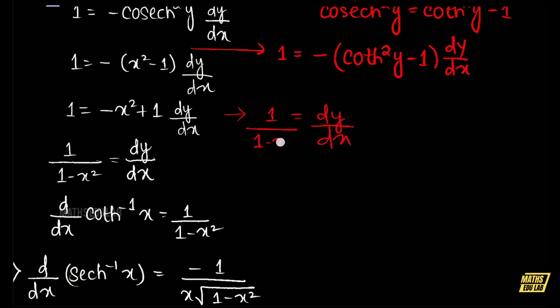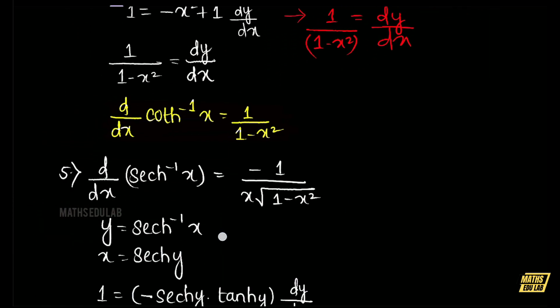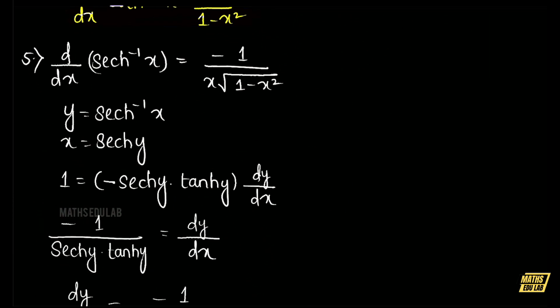So this is the formula of the derivative of coth inverse x, where the y value is nothing but coth inverse x.